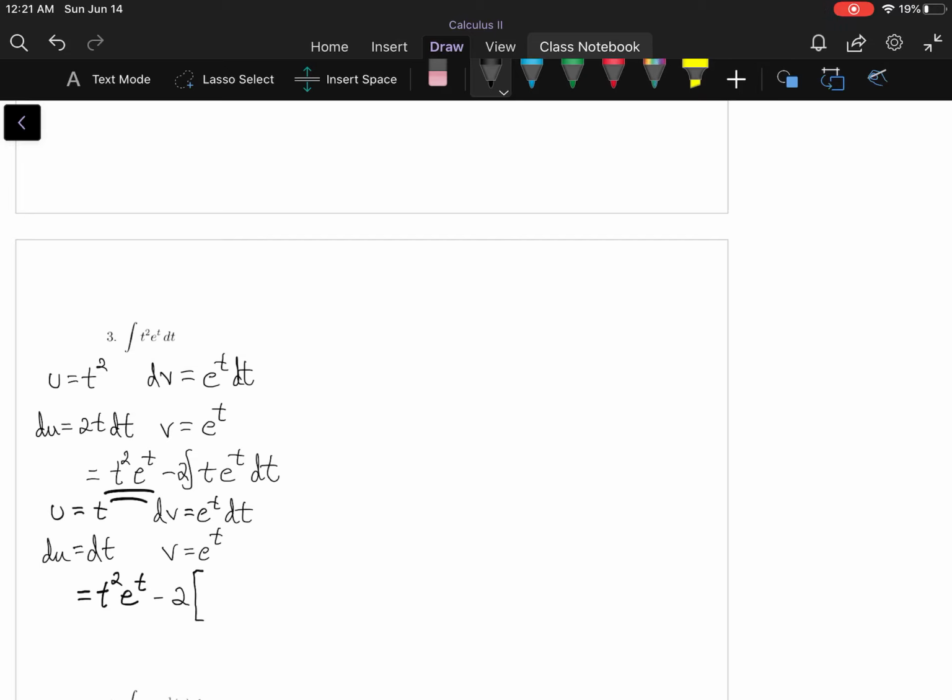And now, just to make sure I don't make a mistake with distributing, I'm going to do the integration by parts inside brackets here. So uv is going to be t e to the t minus the integral of v du, which is e to the t dt.